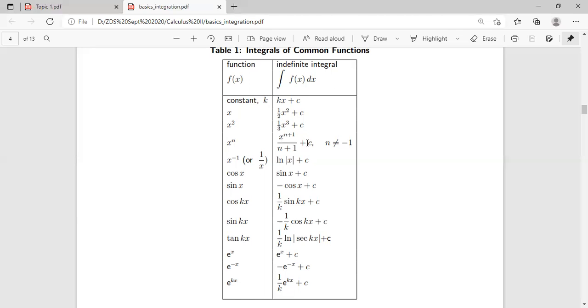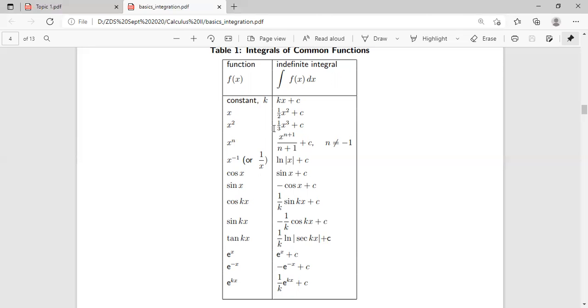But this can only work in all the other cases except when n is equal to -1. Because when n is equal to -1, then -1 plus 1 is going to give us 0.